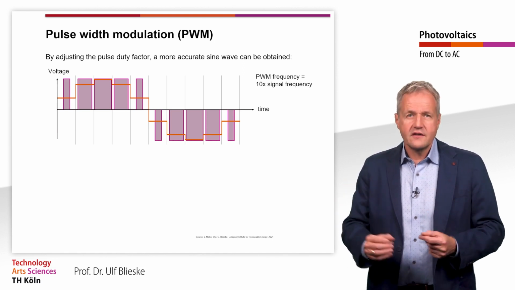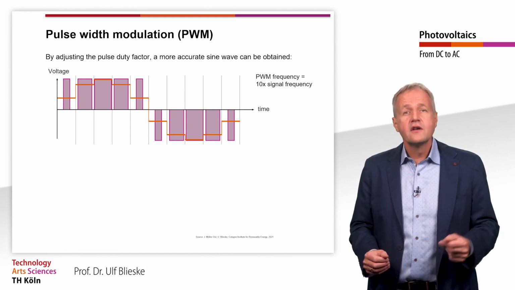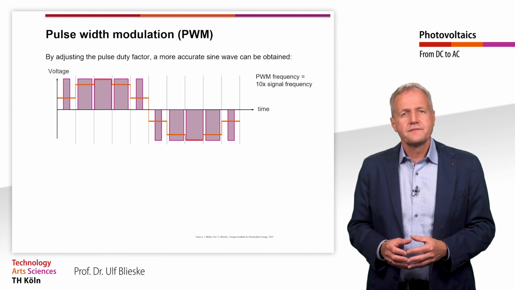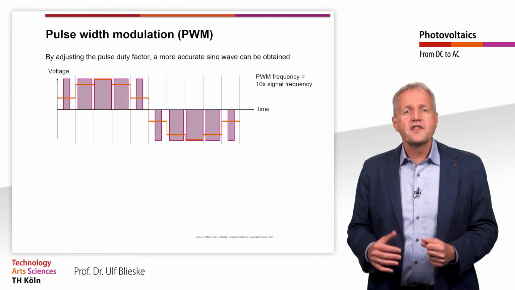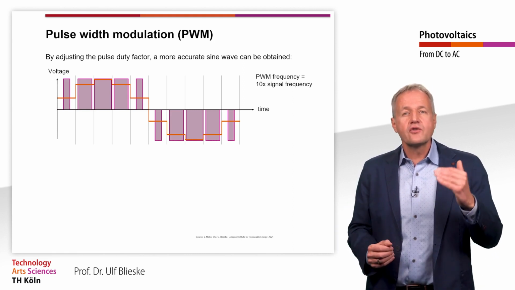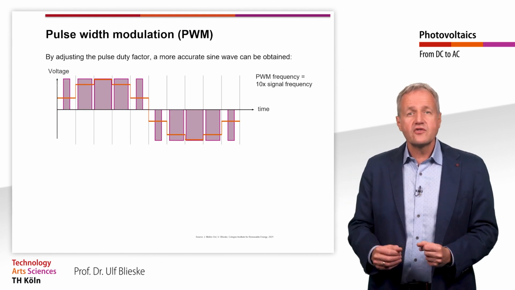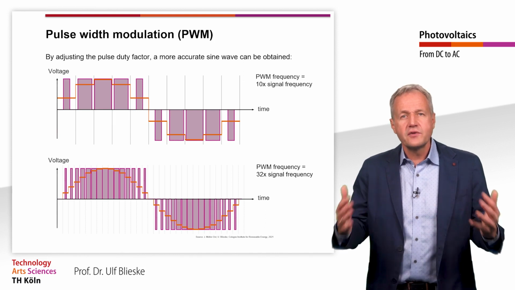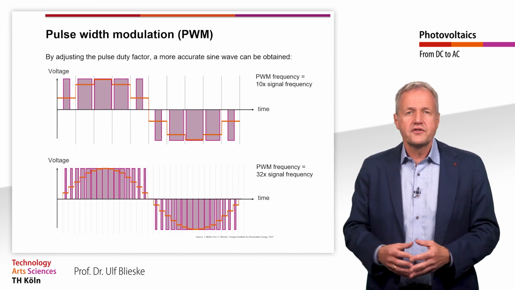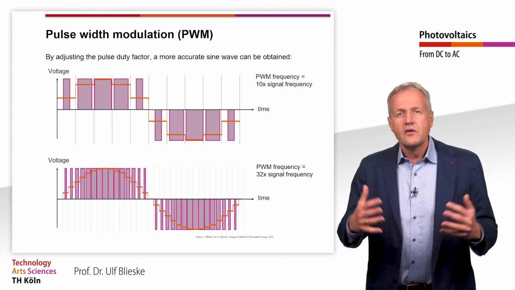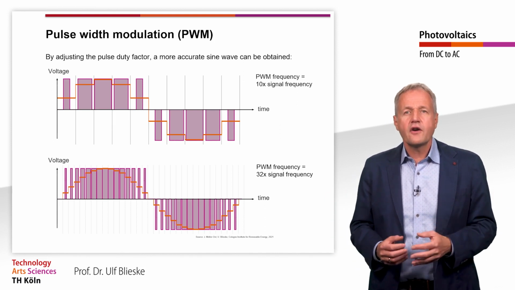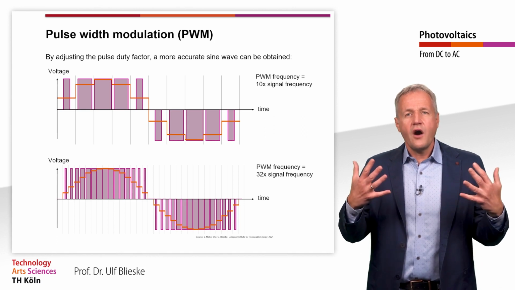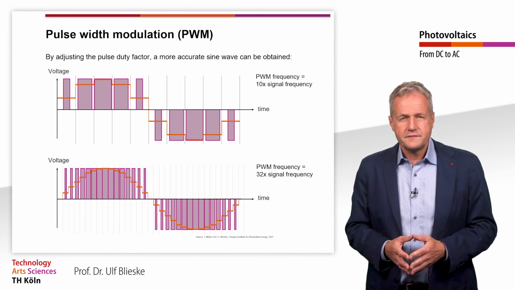However, with the switching frequency shown, the sine wave can only be recognized to some extent. The accuracy of the approximation can be increased by increasing the switching frequency. Here you can see the signal that results from a 32-fold switching frequency. With a signal frequency of 50 Hz, this corresponds to a switching frequency of 160 Hz.